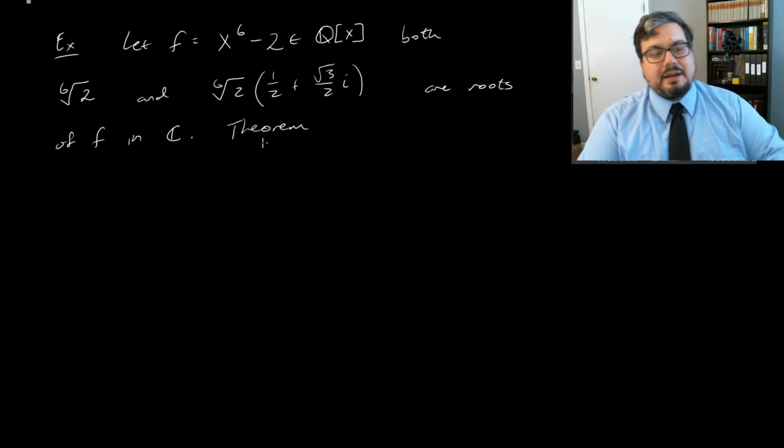It turns out that x to the sixth minus 2 is irreducible in Q. Quick exercise, why is that?